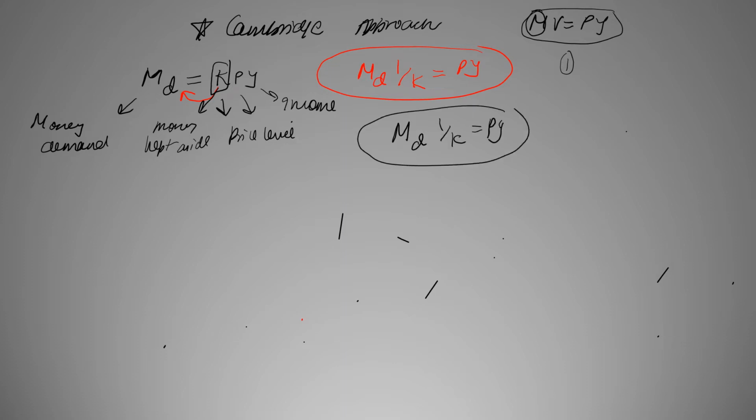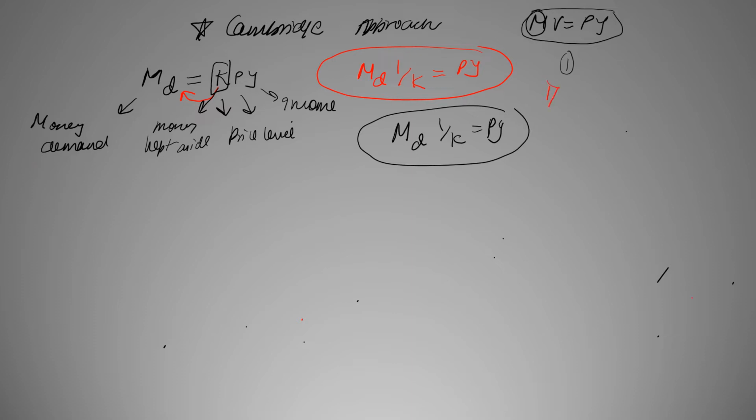Now let's talk about K and V, which are the two differing terms in this approach. Also, before starting that, I would like to mention the assumptions that we have to take while talking about Cambridge's approach.